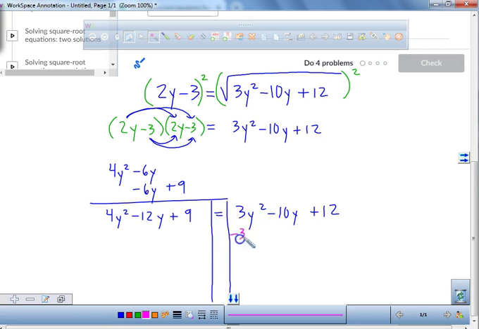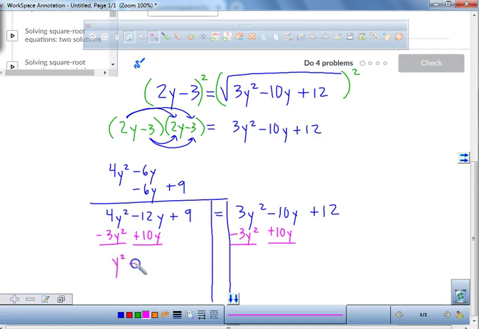So here's what I want you to do. Put minus 3y squared on this side. Okay? Put minus 3y squared on this side. That gives me what? 1y squared. How do we get rid of a negative 10y? We add 10y. We're going to add 10y to this side, we're going to add 10y to this side.